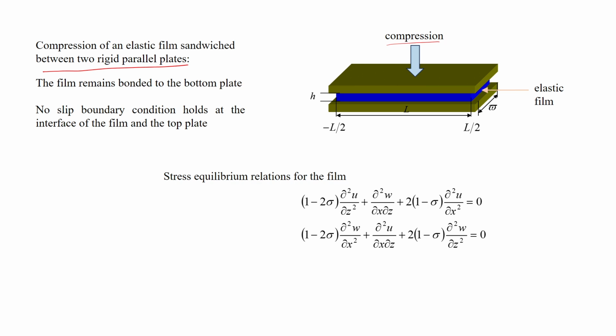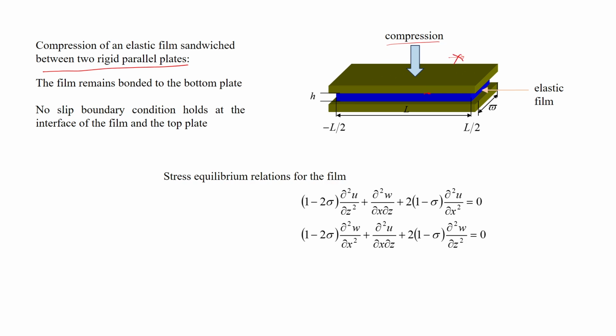No slip boundary condition holds at the interface of the film and the top plate. So, what it means is that at this plate, that means at z is equal to h, no slip boundary condition. No slip means that u will be equal to 0 because this plate is being just compressed. The plate is not being given any horizontal deformation, no horizontal displacement.